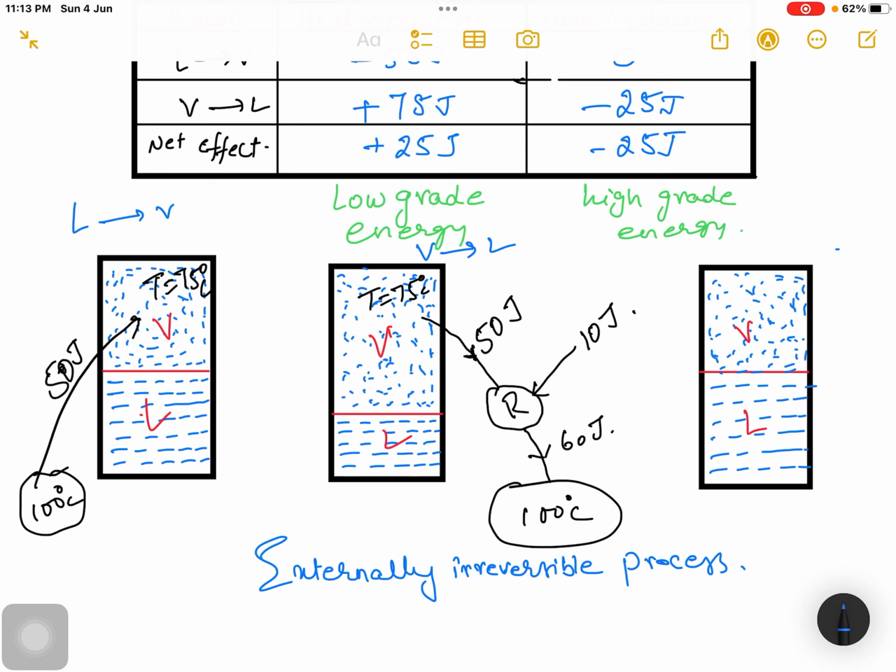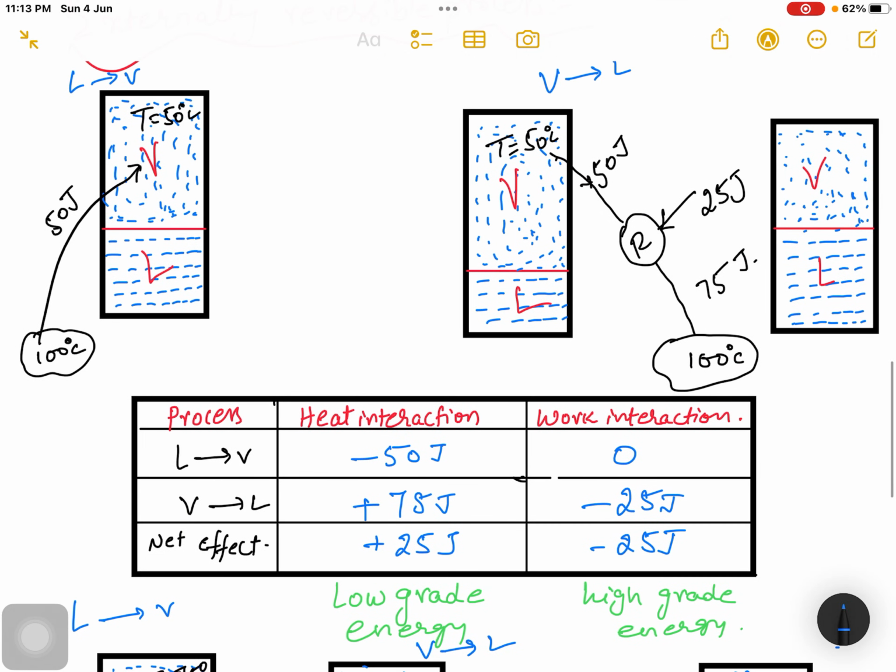On comparing these two, irreversibility is decreased now, but still it is an externally irreversible process only. This is also an externally irreversible process.